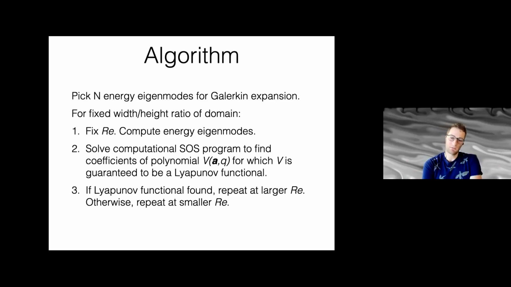I then solve this sum of squares program to find coefficients of a polynomial V for which V is guaranteed to be a Lyapunov functional for the full PDE up to numerical error in the solution of the sum of squares program. If this succeeds, I try it at a larger Reynolds number. If it fails, I try it at a smaller Reynolds number.